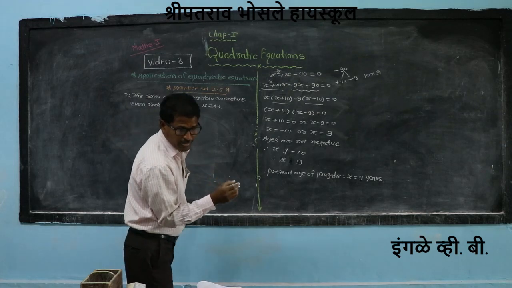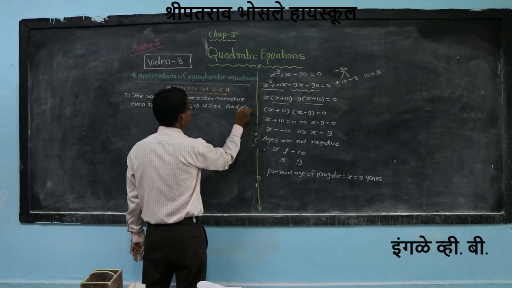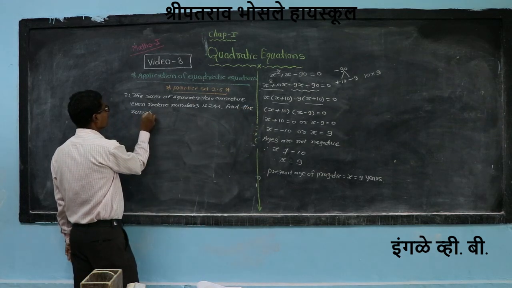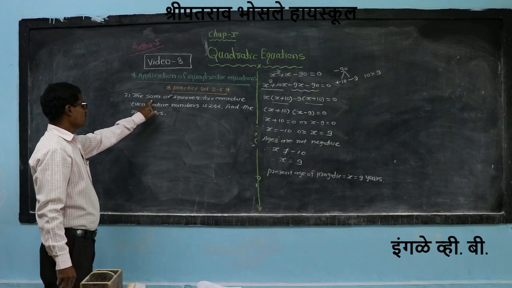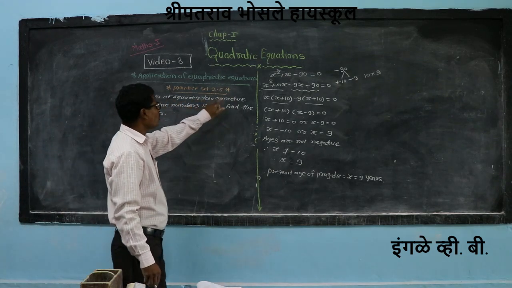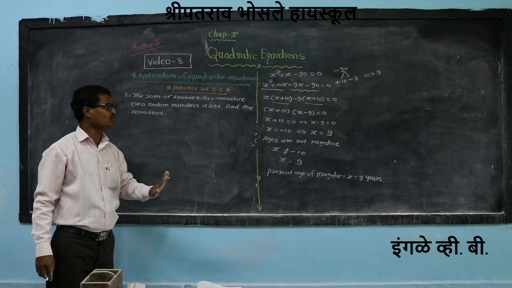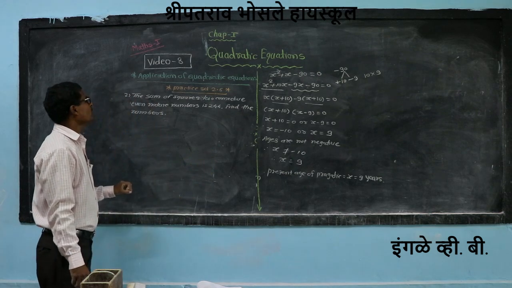Find the numbers. The sum of squares of two consecutive even natural numbers is 244. Find the numbers.